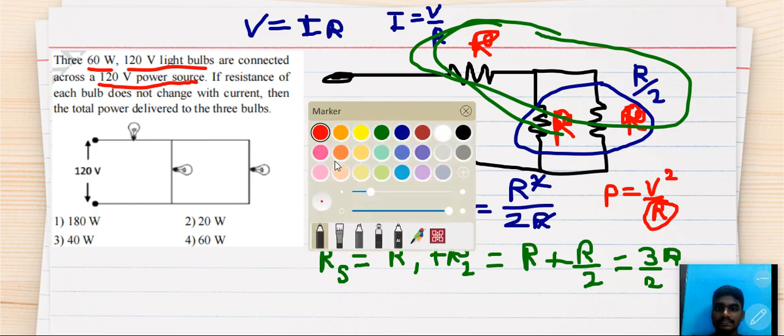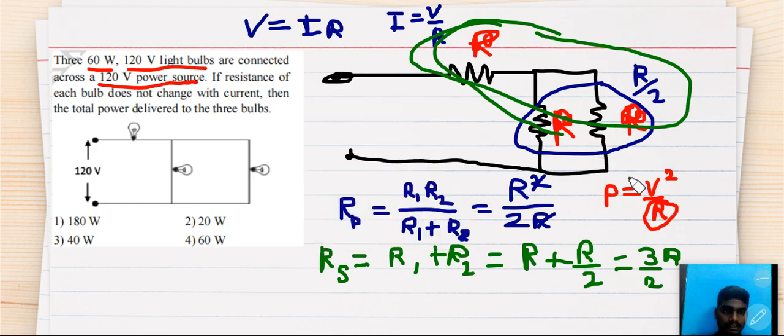Now we can move to the next step. We are going to use this formula. The equivalent resistance for this is 3R by 2, so we are going to substitute it.